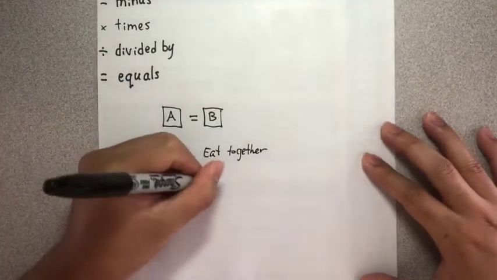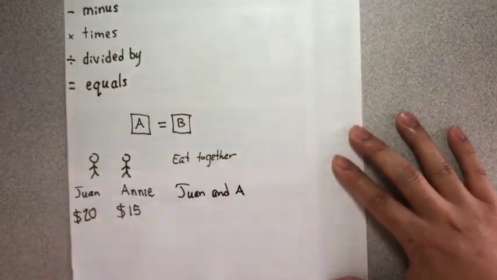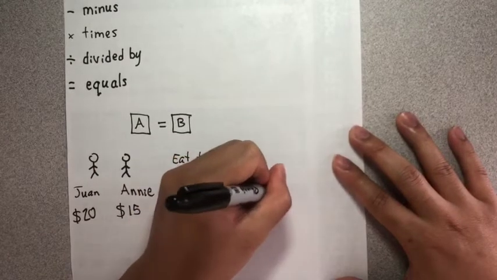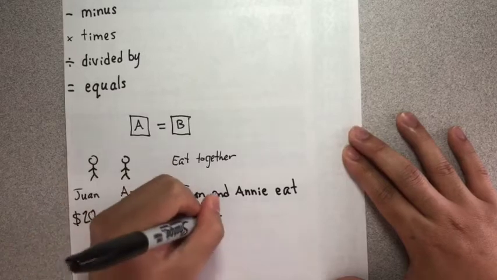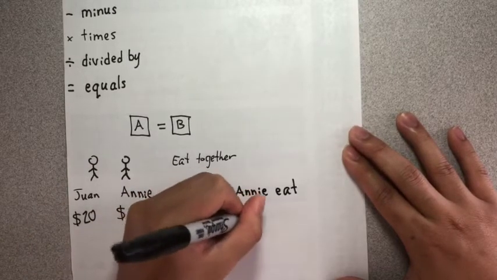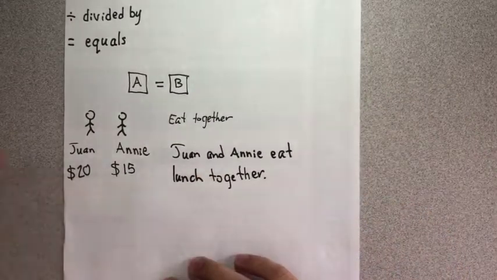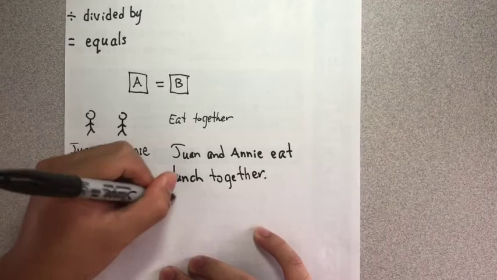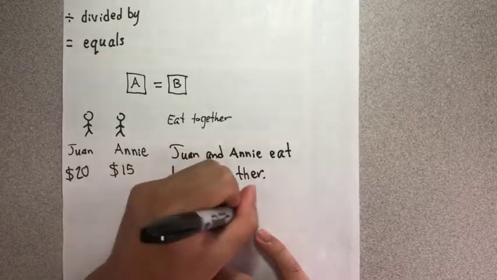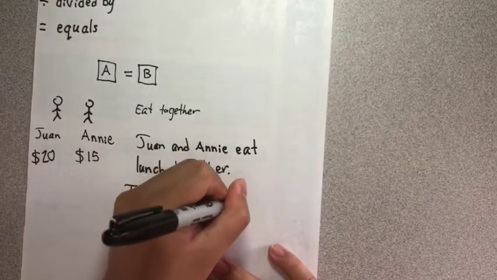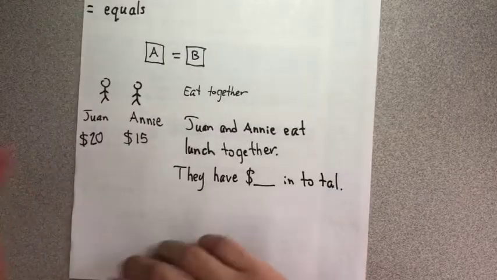Okay, so let's say Juan and Annie eat lunch together. They have how much money in total?